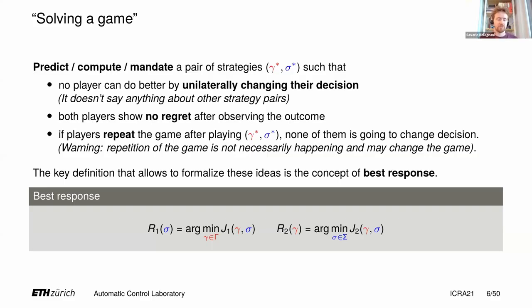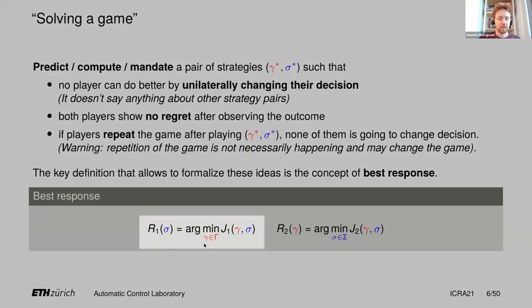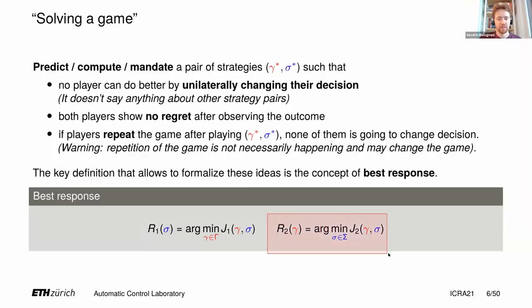So what's the best response? So best response for one of the two players is the set of actions that minimize their cost, their outcome, right? Given the other player action, sigma. So you see the best response is parameterized in the other player action, both for player 1 and for player 2.